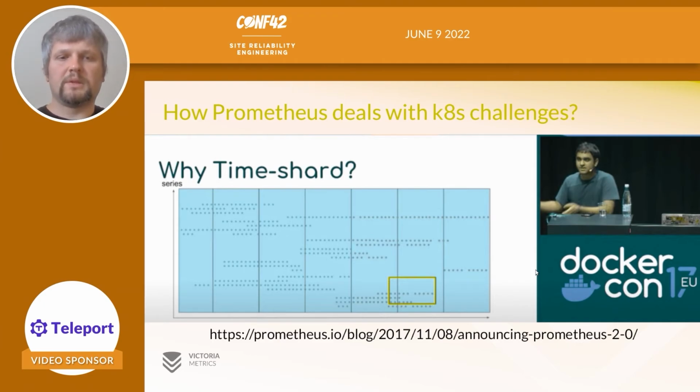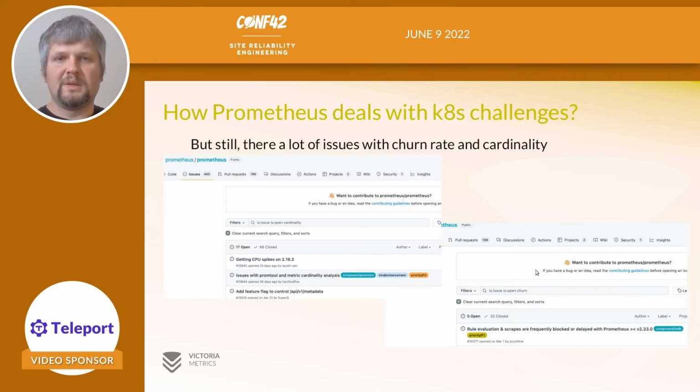You can read the announcement of Prometheus version 2 to understand how they redesigned its internal architecture solely for solving Kubernetes issues. But still, Kubernetes issues such as high churn rate and cardinality aren't solved in Prometheus and other monitoring solutions.